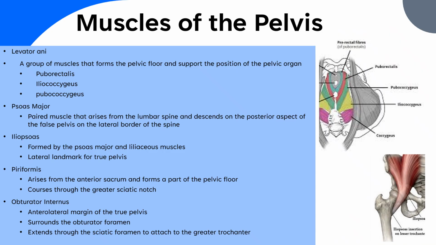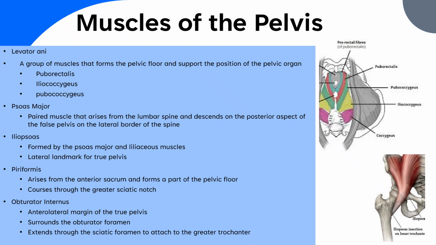All right, so let's go ahead and take a look at the muscles of the pelvis. The big ones that I want to start with here are the levator ani muscles, and this is a group of muscles that really gives the form of the pelvic floor.